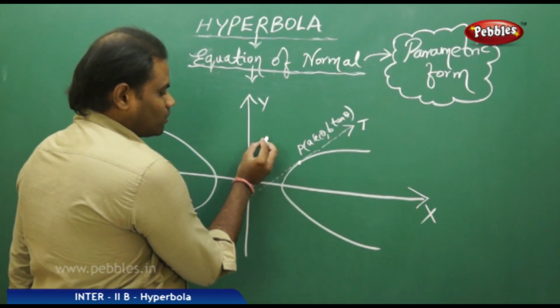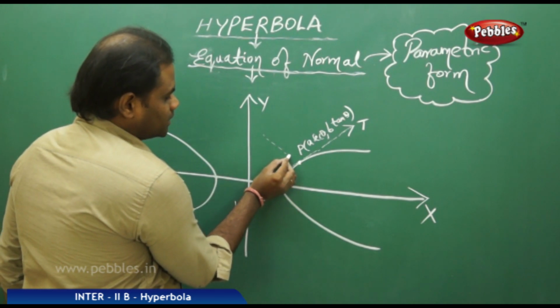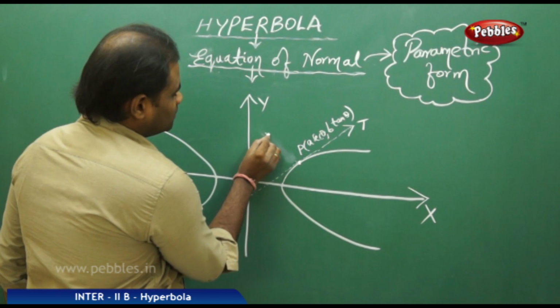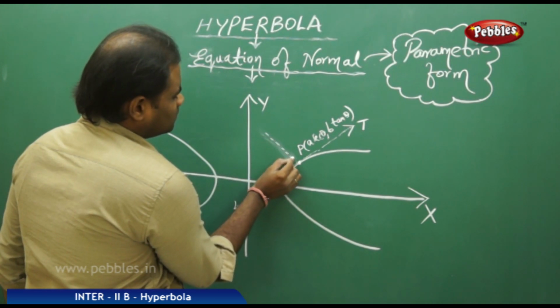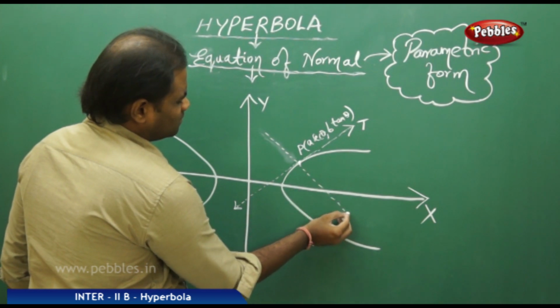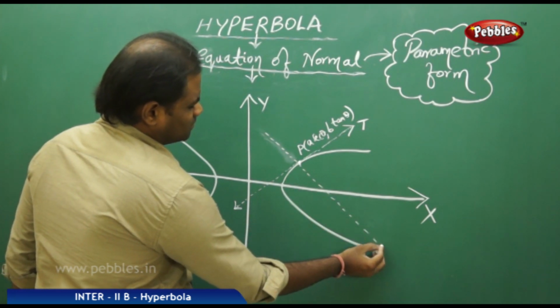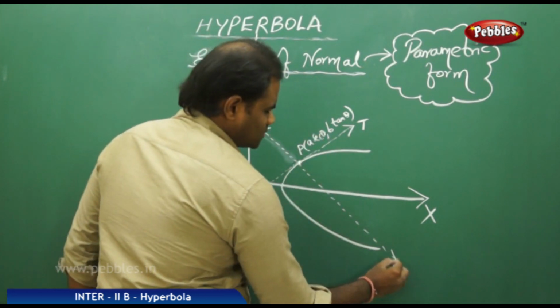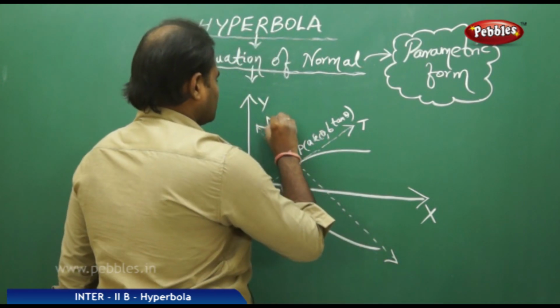Then at this point of contact, we know that there is a normal which is perpendicular to the tangent, which is called the normal.